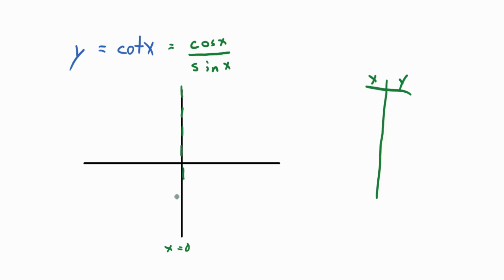But what's the period of this thing? So I'm trying to indicate that's an asymptote. What's the period of this thing? What's the period? Pi. And as we've already noted, if you tried to plug in pi and take the sine of it, you get 0, you get division by 0, right?